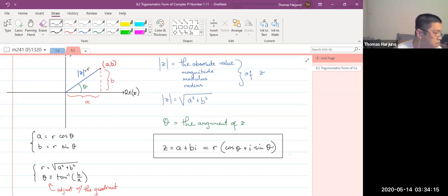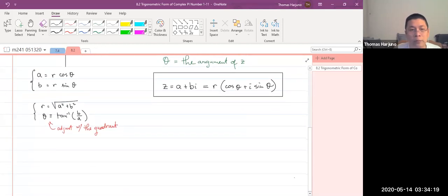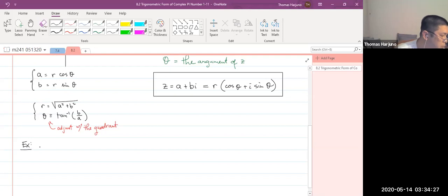Okay. Now suppose, for example, I start working on problems. That's it. This section is only this. For example, I do problems on page 382. Let's say I do number 2.